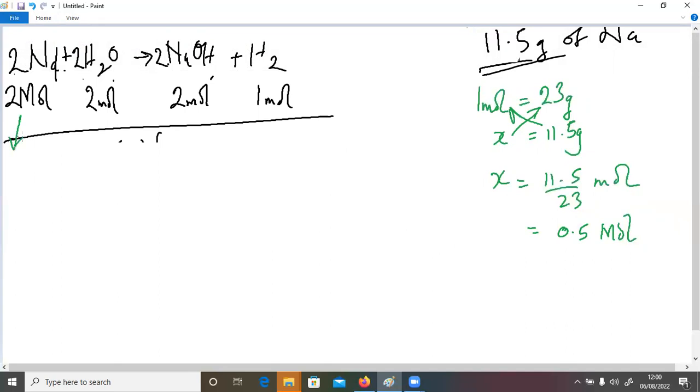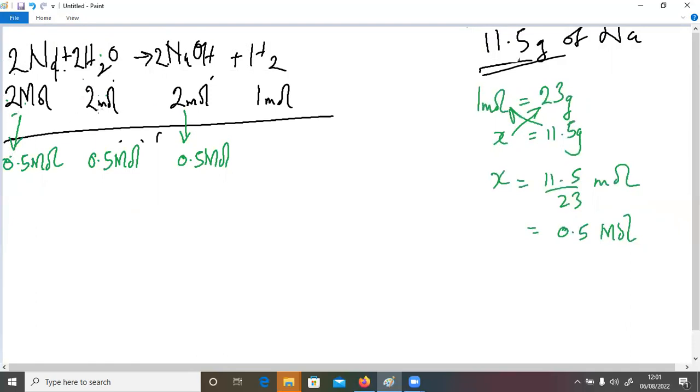Because now I no longer have 2 moles, I have 0.5 moles of sodium. If 2 moles of sodium needed 2 moles of water, then 0.5 moles of sodium will need 0.5 mole of water and will produce 0.5 mole of sodium hydroxide. You see the ratio is like 1:1.